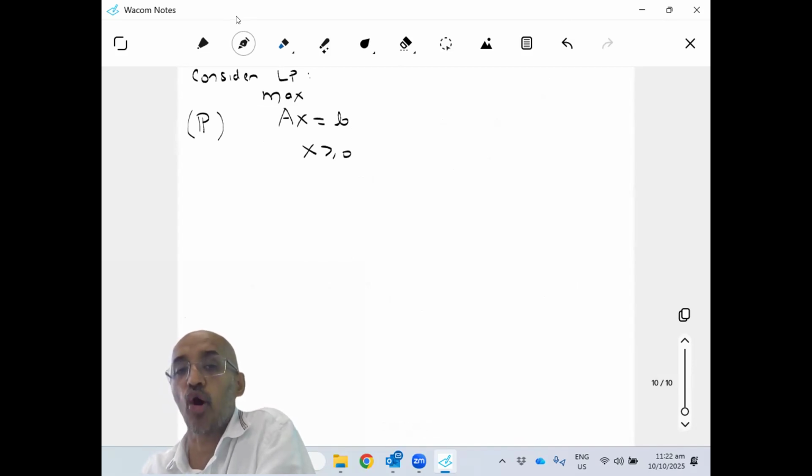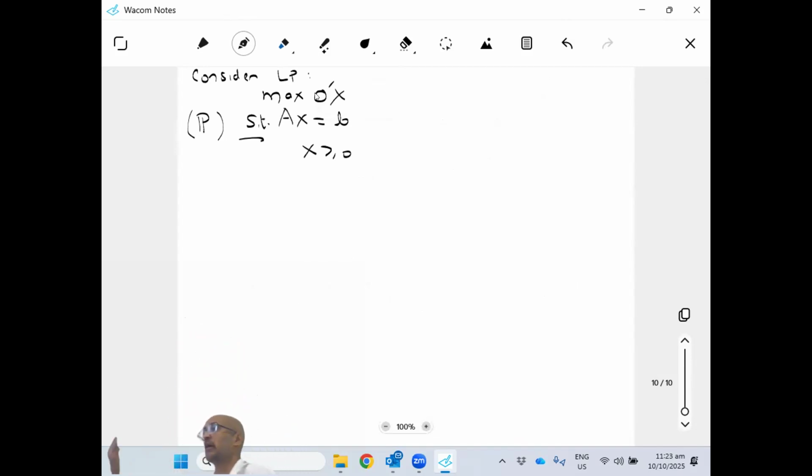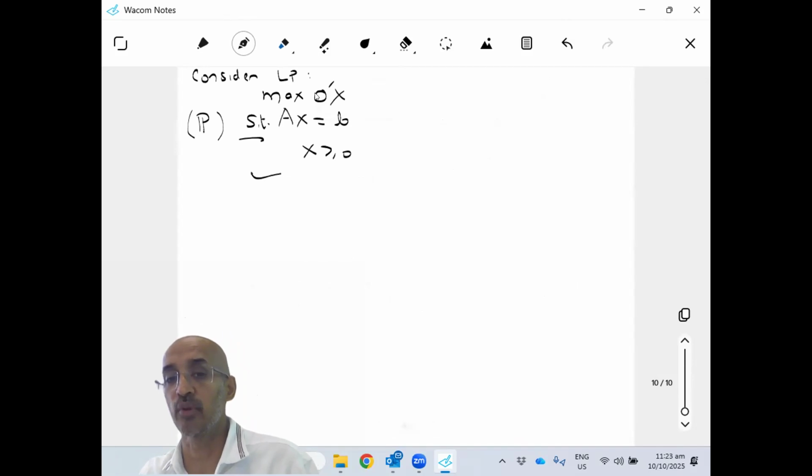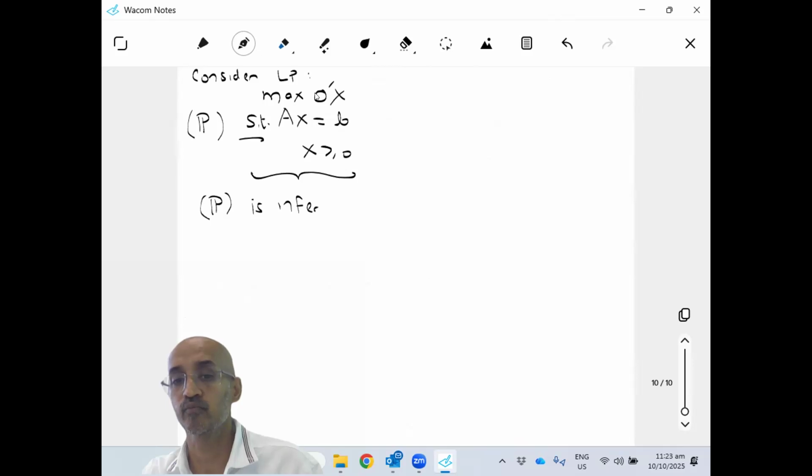There is no objective, so I'm just going to make this maximum 0 times X. I'm just setting up an LP. This LP is infeasible. So observe that if one does not hold, primal is infeasible.